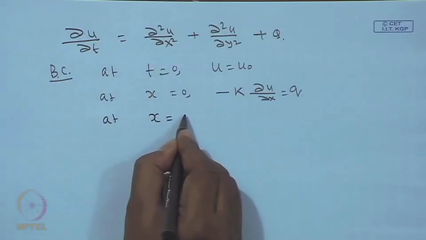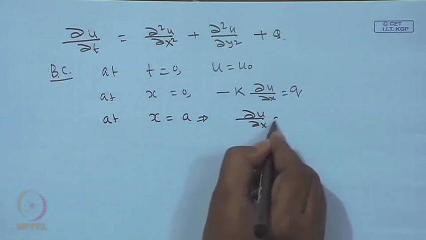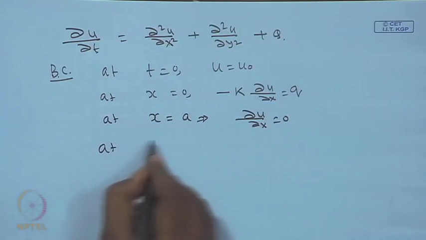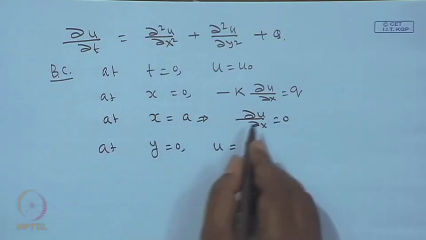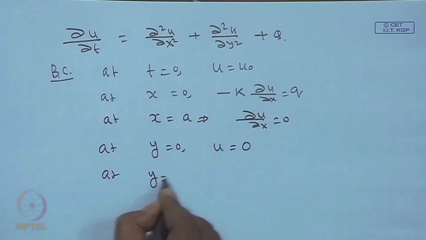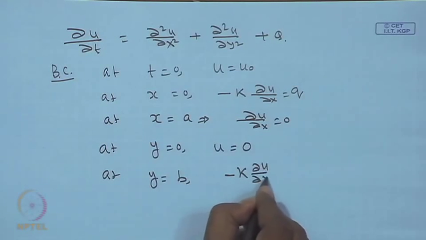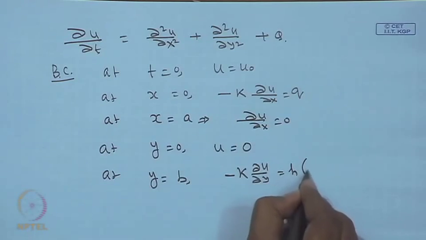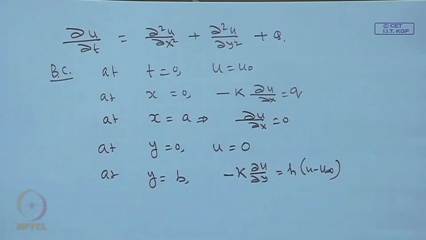At x = a, ∂u/∂x = 0; at y = 0, u = 0; at y = b, −k ∂u/∂y = h(u − u∞). Okay, let us explain this equation and this set of boundary conditions.